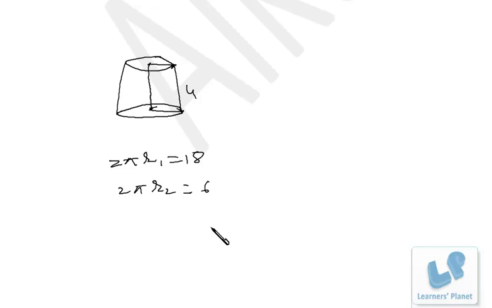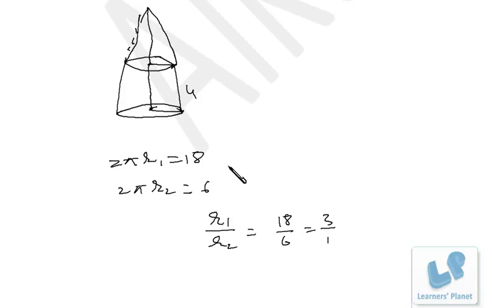So precisely r1 is to r2 is 18 by 6, or we can say 3:1. Now I complete this. Now r1 is to r2 is 3:1, so I assume this to be 3k, then this must be k, right?